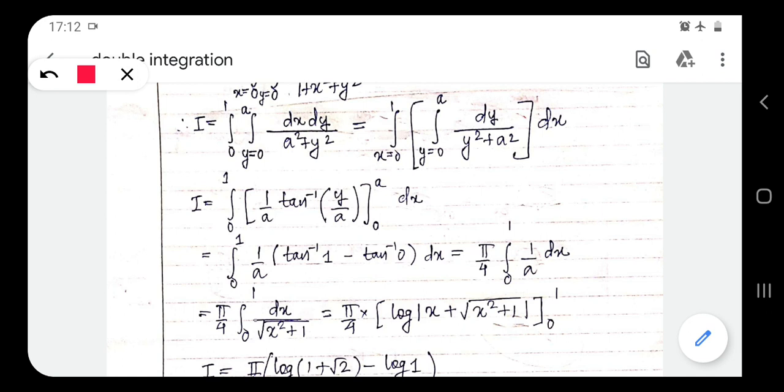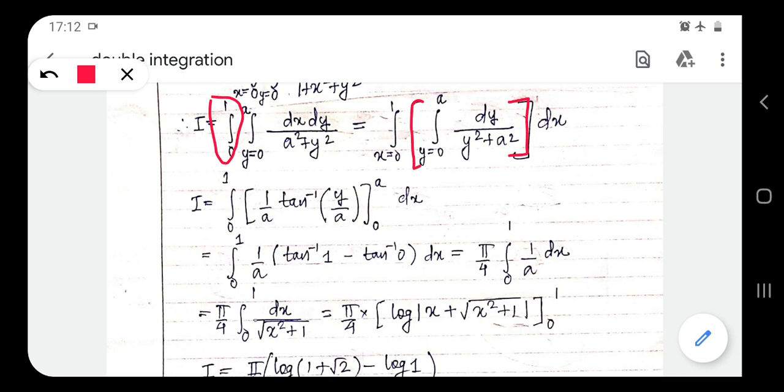So this integration, I will keep to solve in the end. Let's solve y first, because the y integration has the variable in it. So I have taken that integration inside that bracket to solve it first.